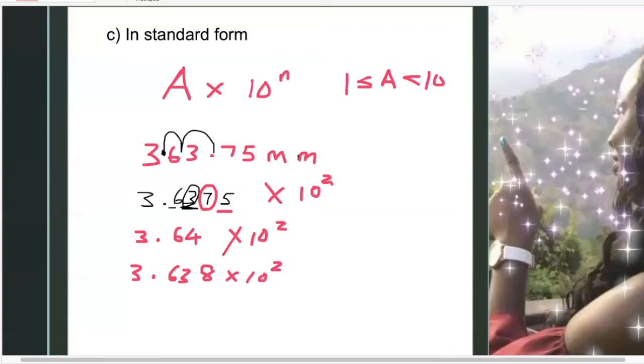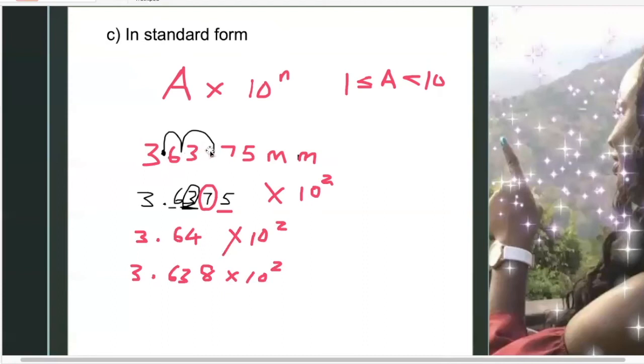So just a reminder, for this question, standard form is a general form. So we have 363.75, and I would like to write this in standard form. This should be a number from 1 and less than 10. In other words, we have to move the decimal point until it satisfies this criteria.